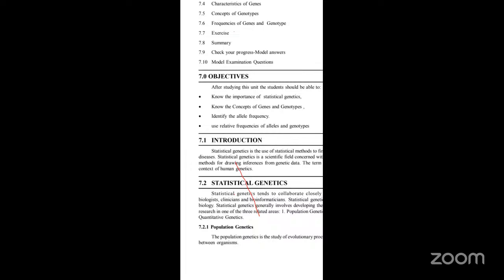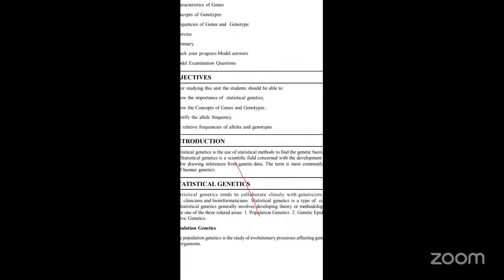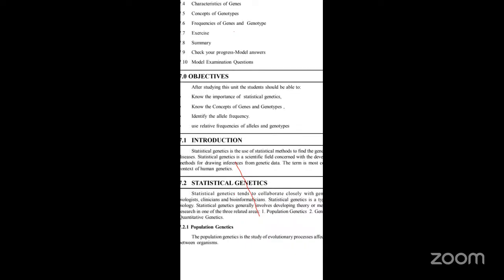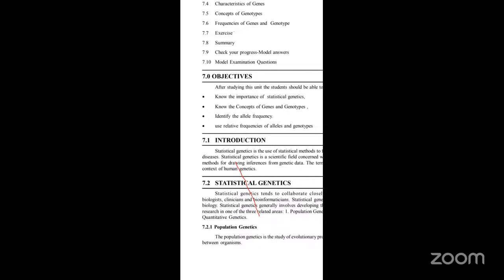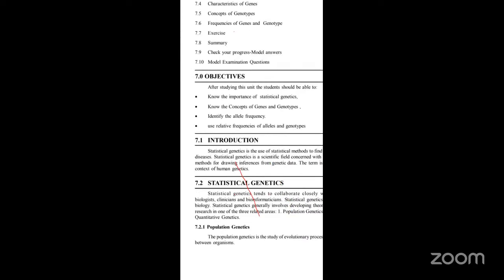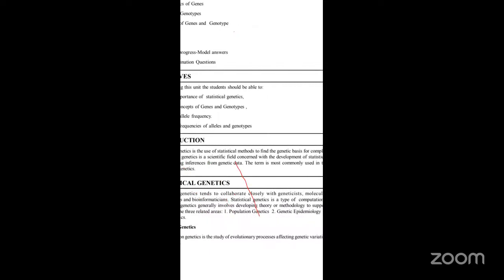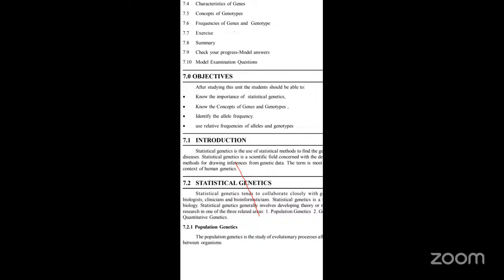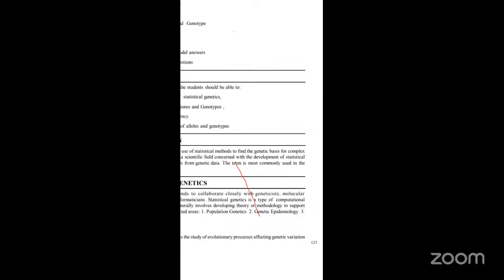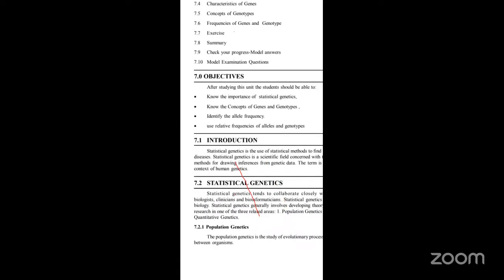Statistical genetics tends to collaborate closely with geneticists, molecular biologists, clinicians, and bioinformaticians. A type of computational biology, statistical genetics generally involves developing theory or methodology to support research in one of these related areas: population genetics, genetic epidemiology, and quantitative genetics.